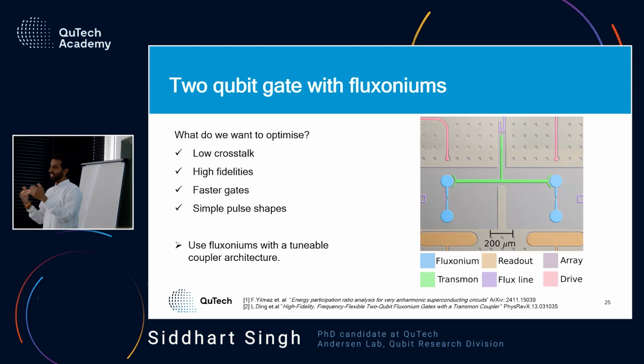So the yield is good, but the targeting is what becomes critical here. And sometimes you are unable to get the right targeting, the levels are too close, or you are unable to see the levels, and sometimes one qubit is not working. So then it becomes a question of whether you can get the right targeting with what you have fabricated.